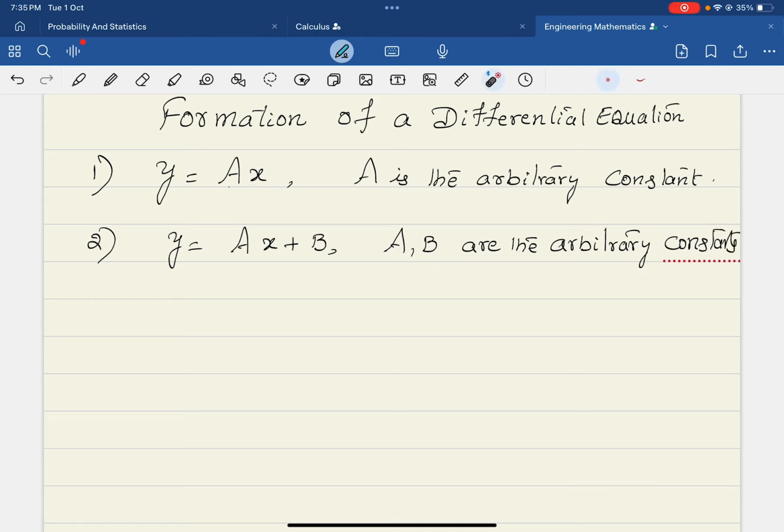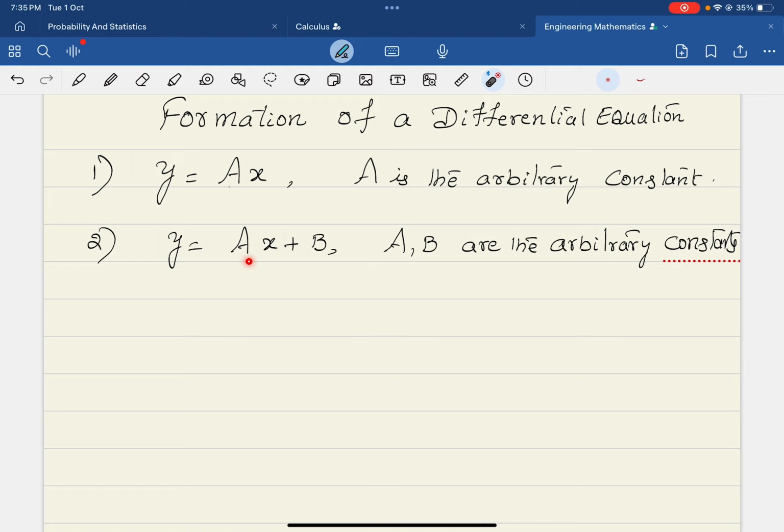Now here we see there is one arbitrary constant and there are two arbitrary constants. If there is one arbitrary constant, then we differentiate one time and get an equation by eliminating this arbitrary constant. So our focus is to eliminate the arbitrary constants involved in the function.